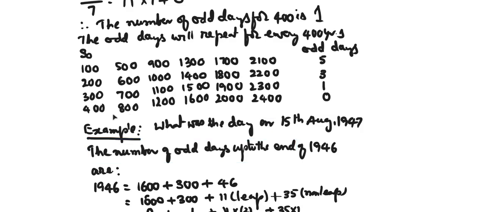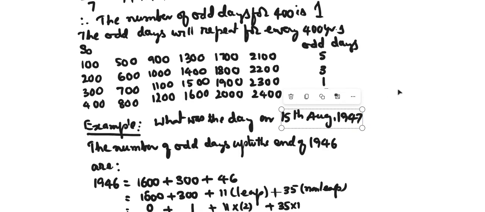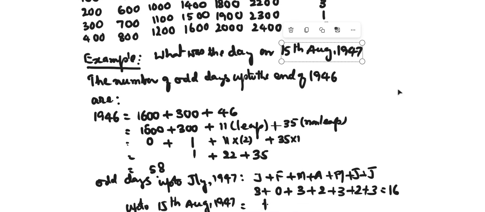So using these calculations of odd days, we can find, for a given date, what the day is. For example, a question is like this: what was the day on 15th August 1947?